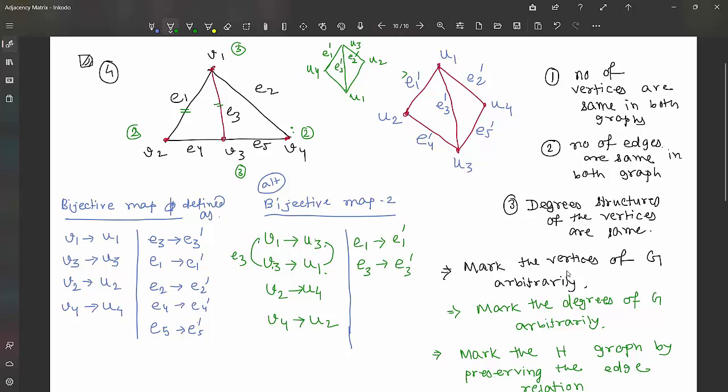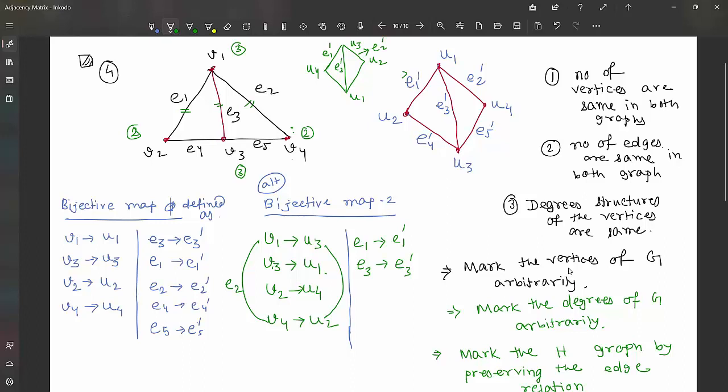And similarly, the third edge is between V1 and V4. So what is the edge between V1 and V4? This is E2. And here you will give the notation in U2 and U3. Where is U2, U3? Here, this is U2, U3. So this will be your E2 prime.